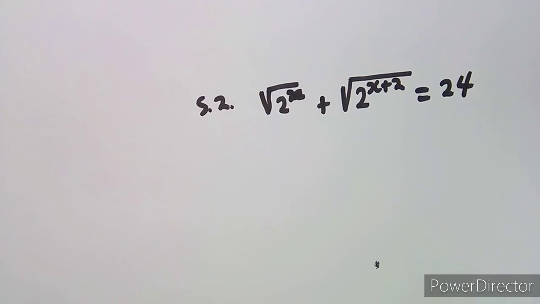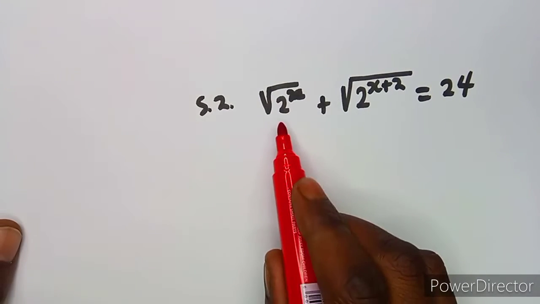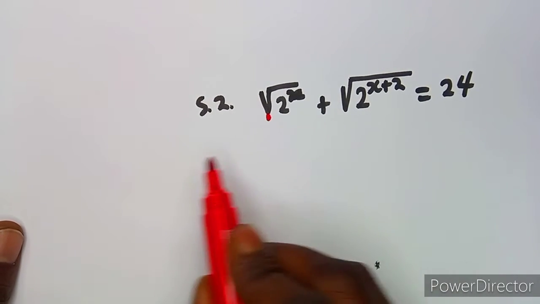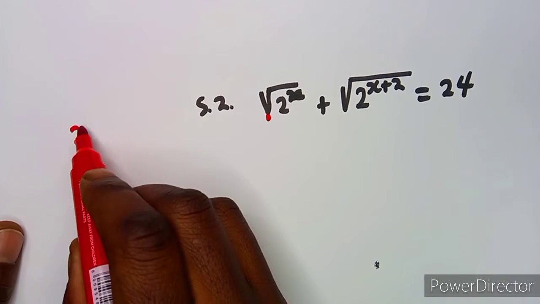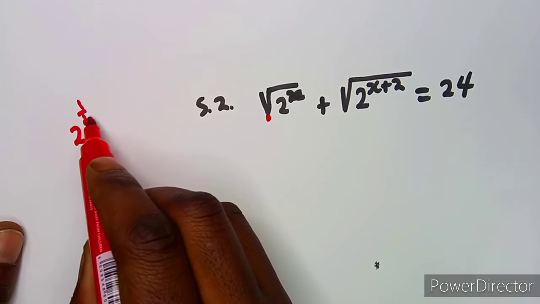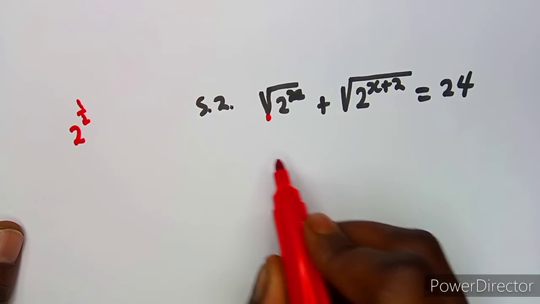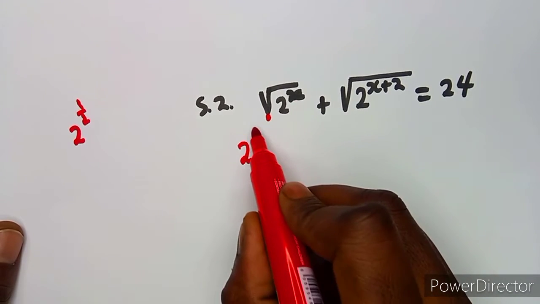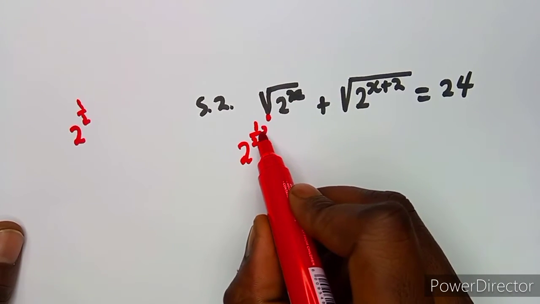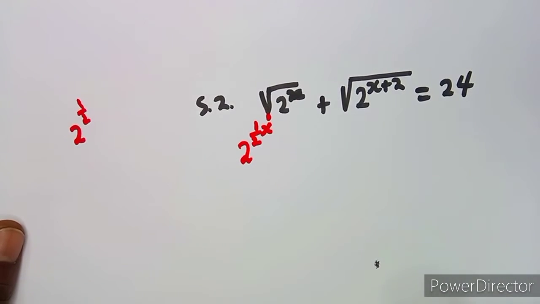So always ask yourself the type of equation that you are given. These are exponents here. So remember, from your exponents, square root simply means to the exponent of a half. So if there is x like this, it is going to be 2 to the exponent of a half x, because there is already an exponent there.